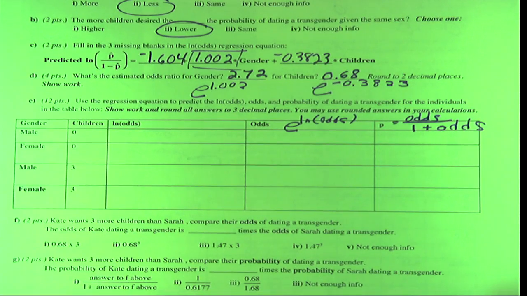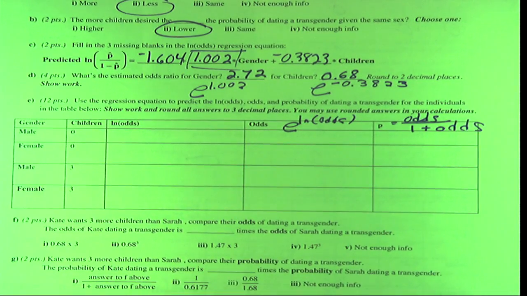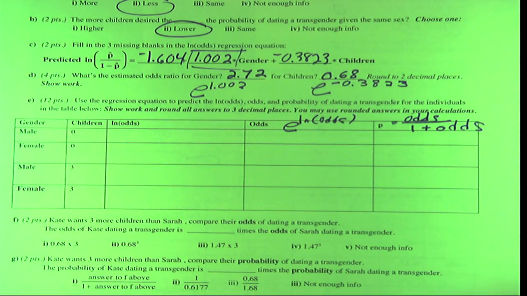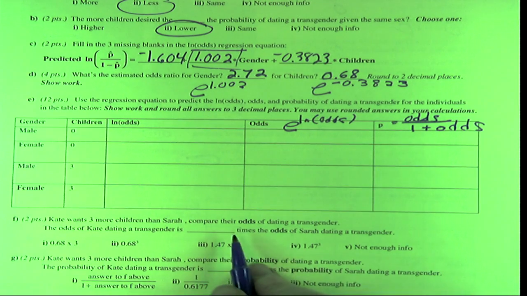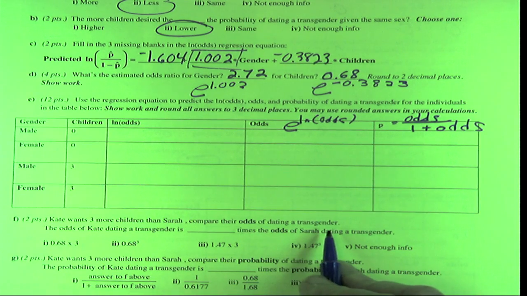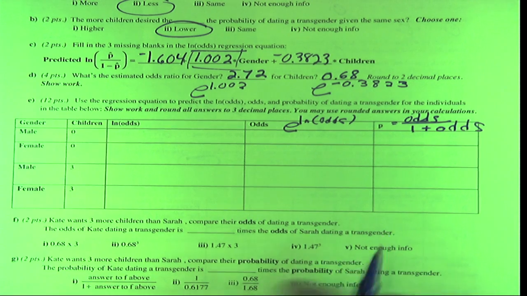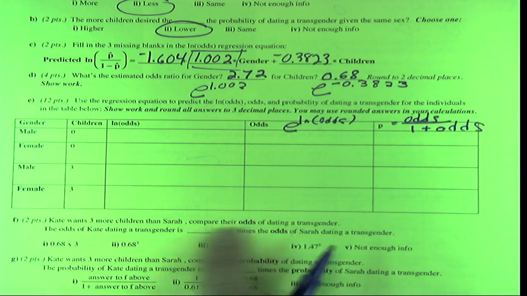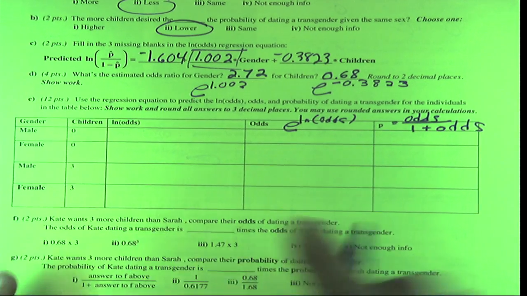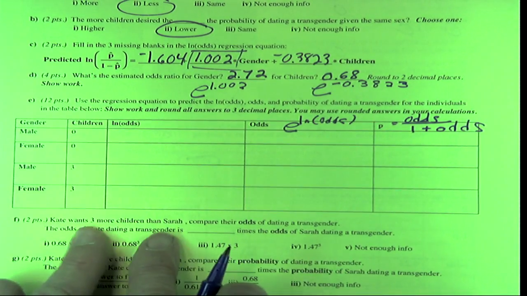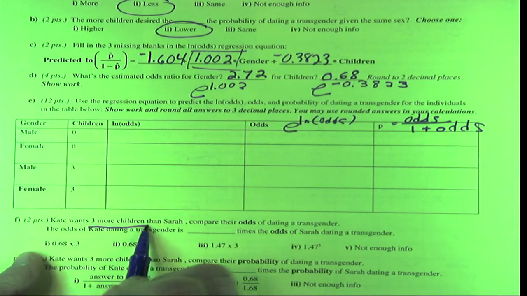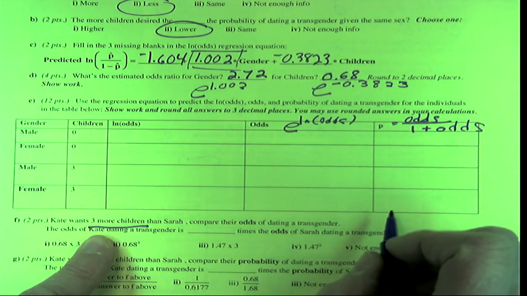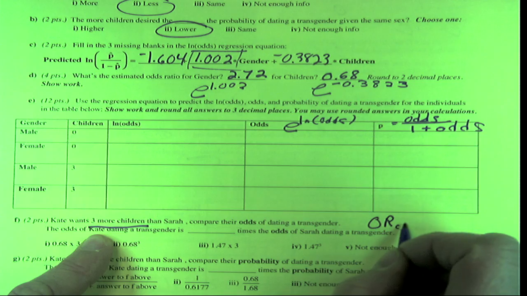All right, now let's look down here. Kate wants 3 more children than Sarah, so compare their odds of dating a transgender person. How the odds change, the odds ratio, okay? The ratio of their odds. So we have to use the odds ratio for children here, because we're talking about 3 more children.